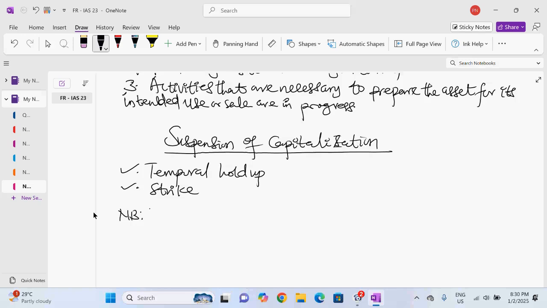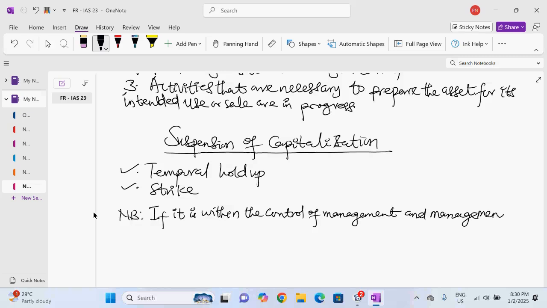Because it's within management control, if it is within the control of management, and management slept over it, management intentionally went for the strike.